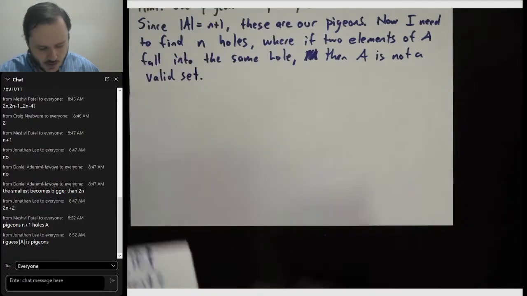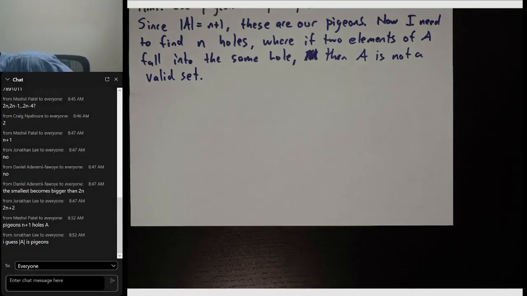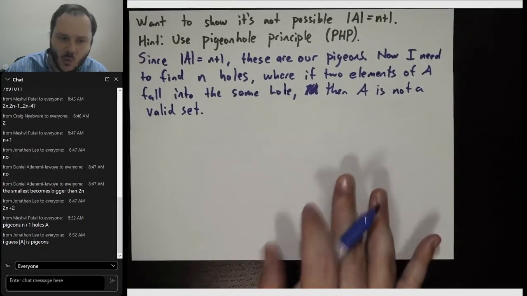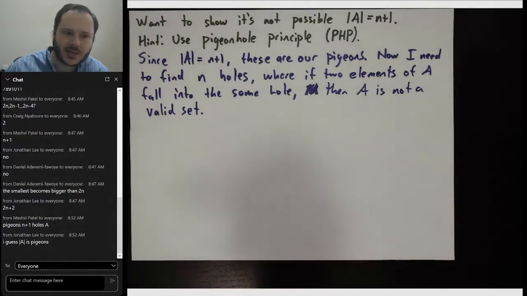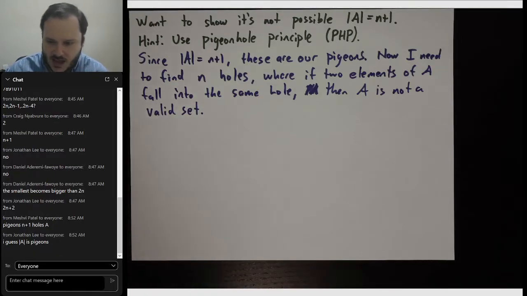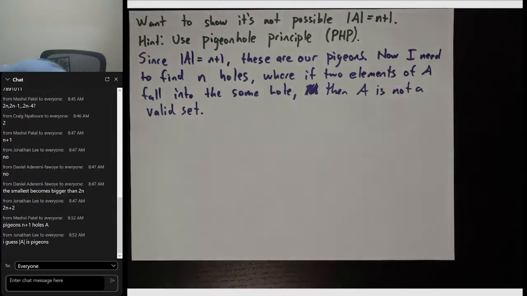So, what property do I want my holes to have? What makes A not a valid set? What property should all the numbers in my holes have? We actually saw this idea a little bit already.